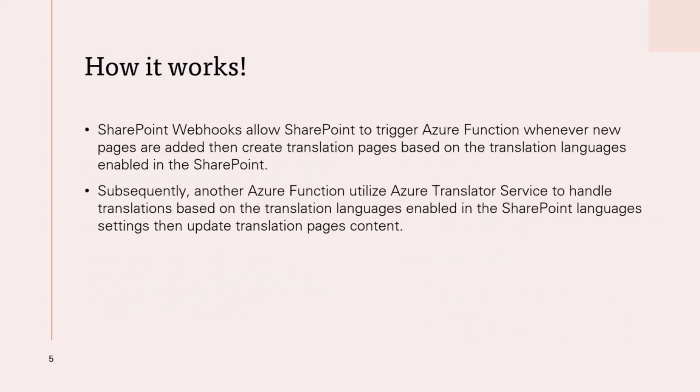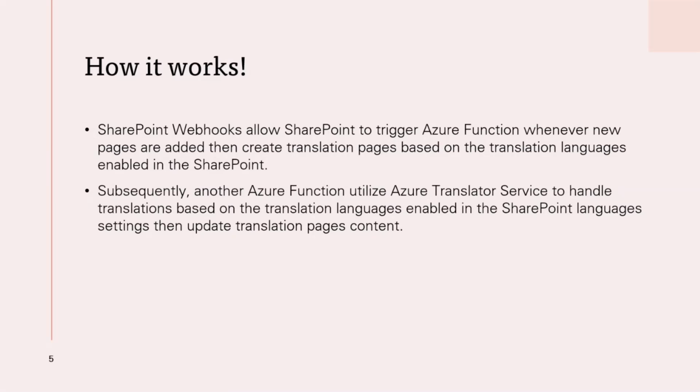Then how it works. SharePoint webhooks allow SharePoint to trigger an Azure function whenever new pages are added to site pages. Then it creates translation pages. The Azure function will create translation pages based on the translation languages that you enabled in SharePoint.